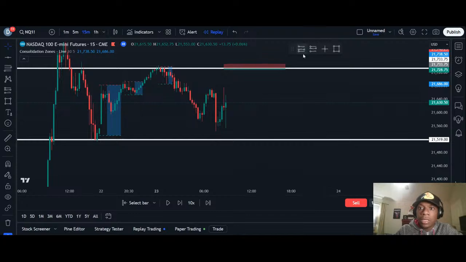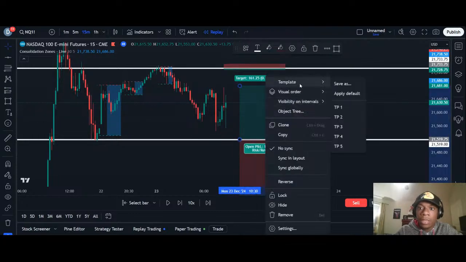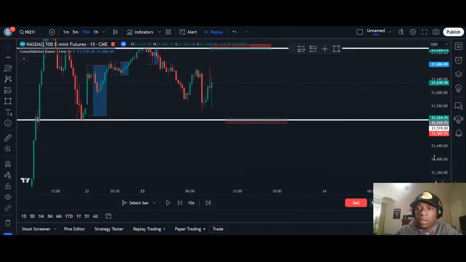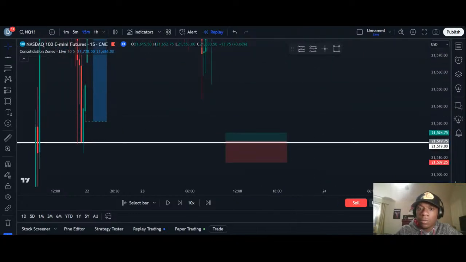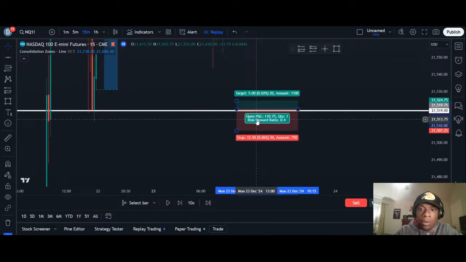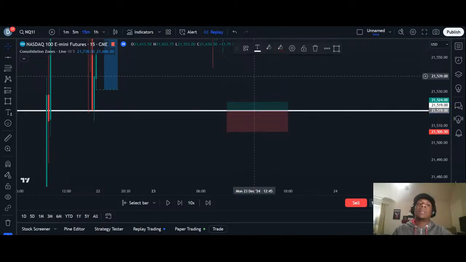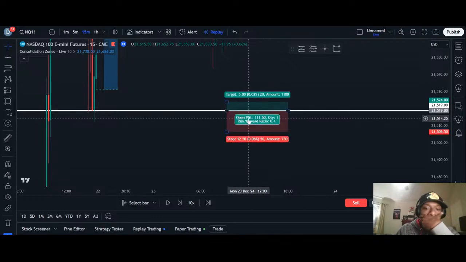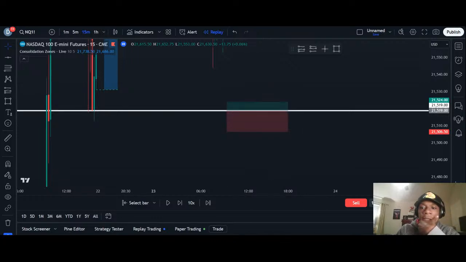Boom. Like I said, my templates are set for the 1 minute time frame. Since this is the 15, I would need to make some adjustments. So a 50 tick TP on a 1 minute time frame. Essentially what I'm going to do is multiply that by 15, because I'm just really winging it at this point.